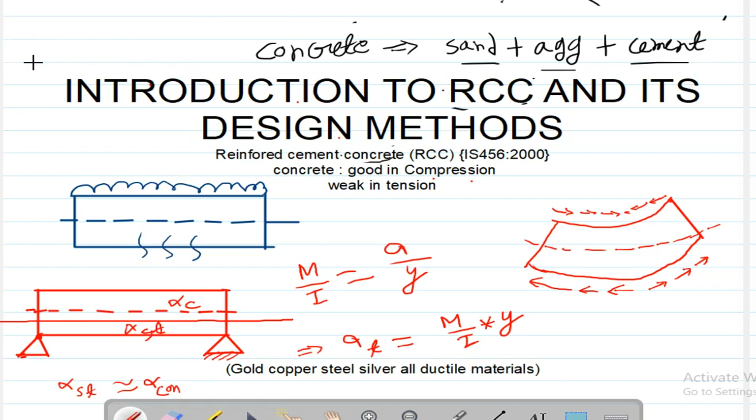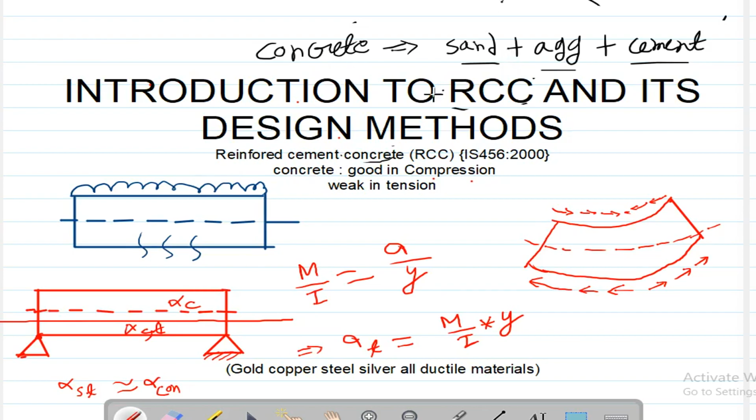We cannot segregate its ingredients from that biscuit. You cannot separate the sugar or any ingredient from that particular biscuit. That's why we can say it is a homogeneous mix.